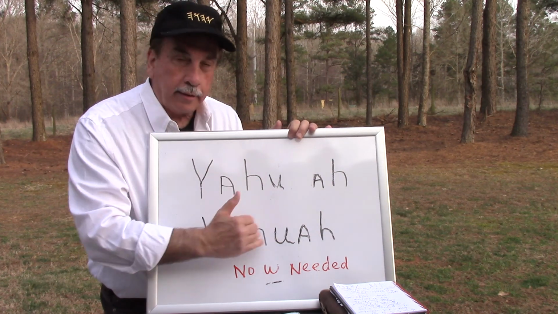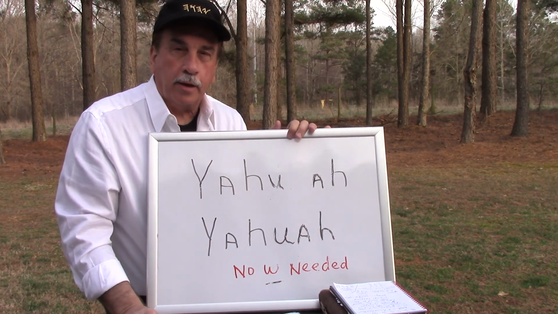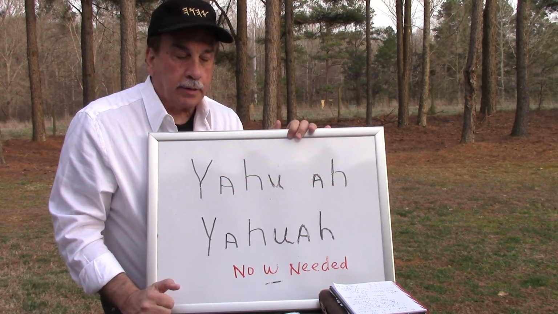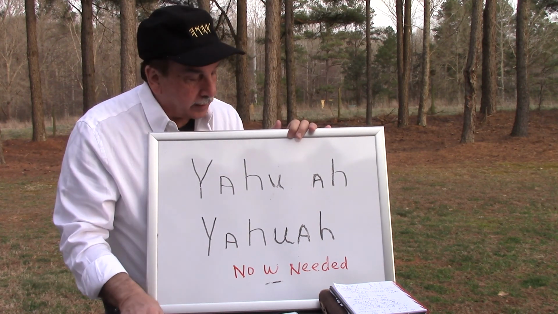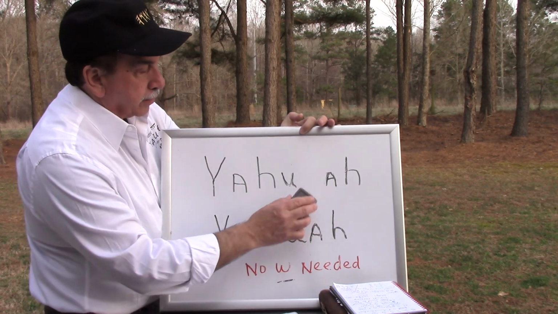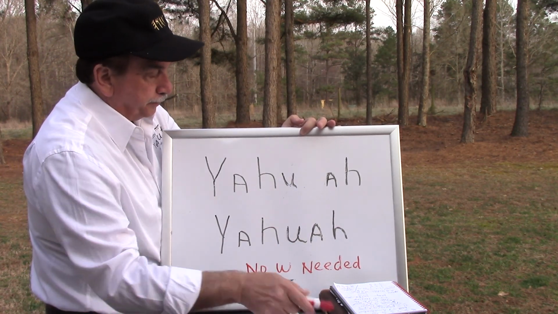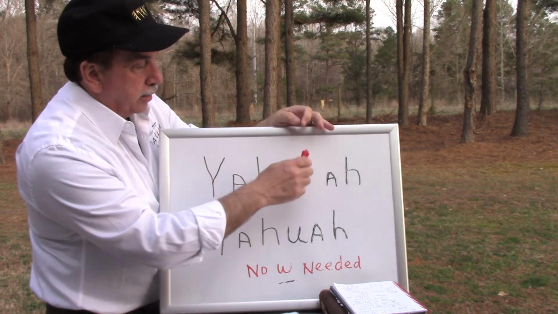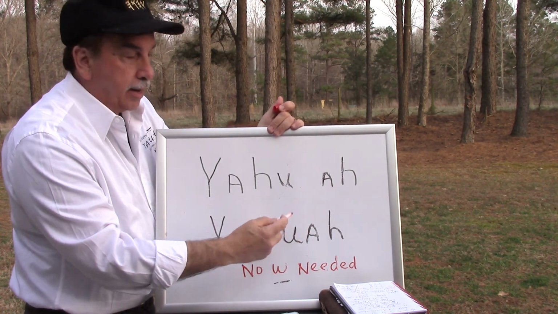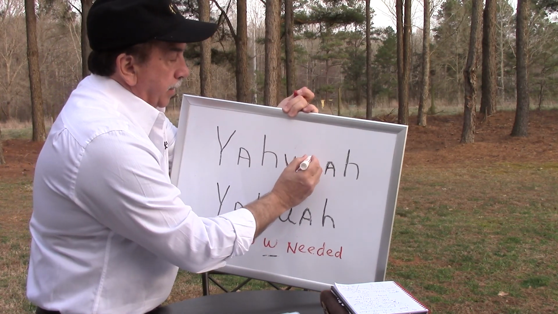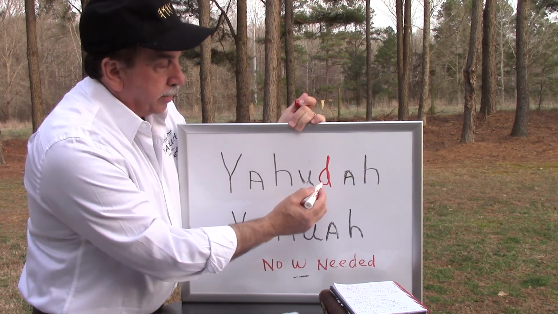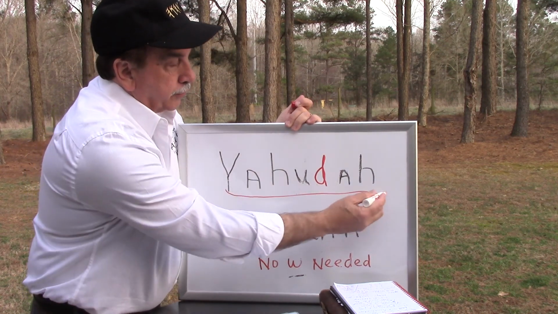So when you're writing using English letters, there's no need to write a W. Let me give you an example. Let's just take the word, we talked about this, Yahudah. Now, Yahudah is spelled like the Creator's name, except we write a D in here. Okay? Yahudah is how you would pronounce the tribe of Judah.